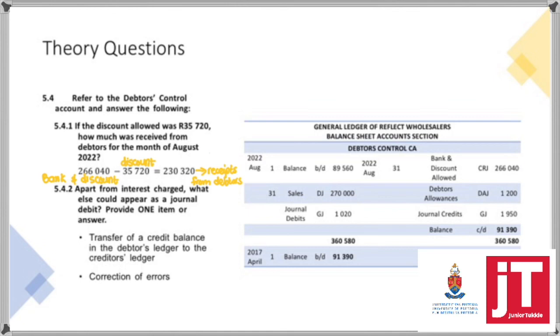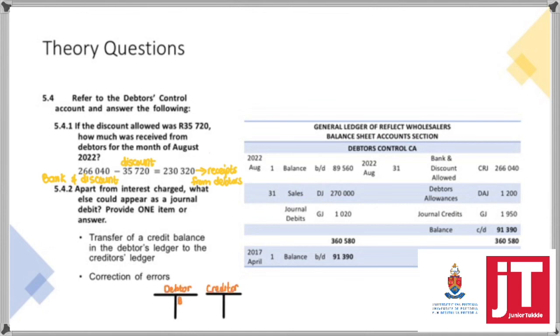Then it says 4.2, apart from interest charged, what else could appear as a journal debit? Provide one item or answer. So they're talking about this journal debits. What can lead to the 1,020 Rand apart from adding interest? Now, one thing that can be there is transferring a credit balance of a debtor to the creditor's ledger.